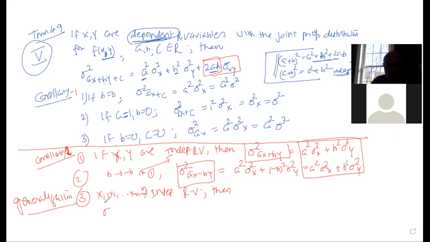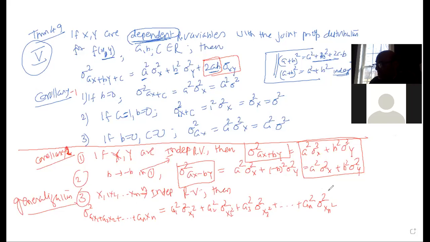Then the variance of a1 X1 plus a2 X2 plus up to an Xn can be written as a1 squared times the variance of X1, plus a2 squared times the variance of X2, plus a3 squared times the variance of X3, and so on, plus an squared times the variance of Xn.